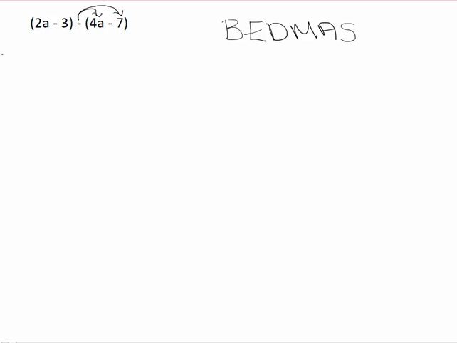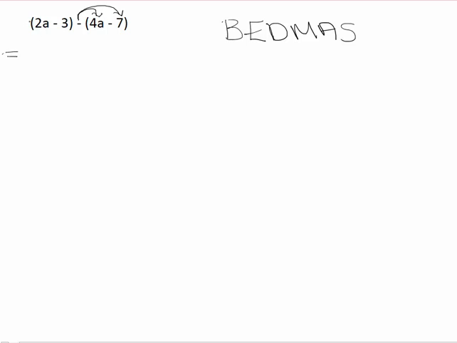Working into our final example, we see that we have some brackets present. So we must follow the rules of BEDMAS and get rid of our brackets first. To do so, we're going to simplify the signs by distributing this negative into each term within the brackets.